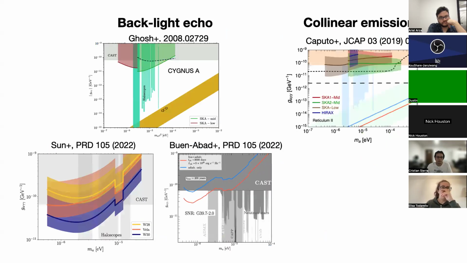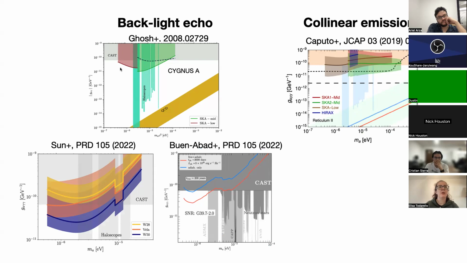Okay, some brief literature review on this topic. These are papers that were out before ours. The first one was this that I already mentioned by Caputo et al. Here they look at the collinear emission at the dwarf galaxy Reticulum 2, and they make forecasts with SKA and HIRAX. Here the stimulating radiation is the CMB and the extragalactic radio background.